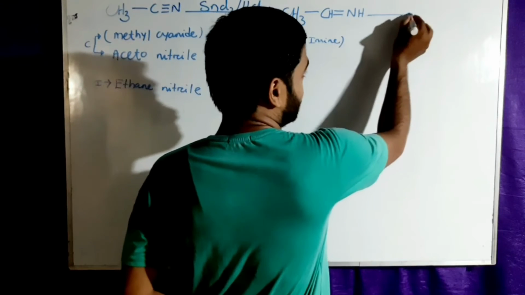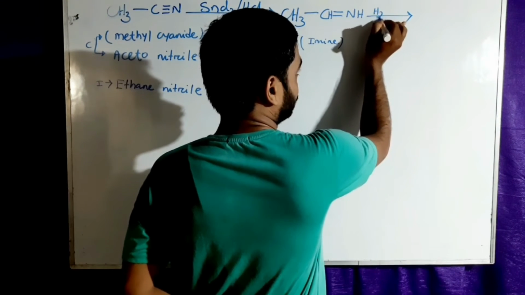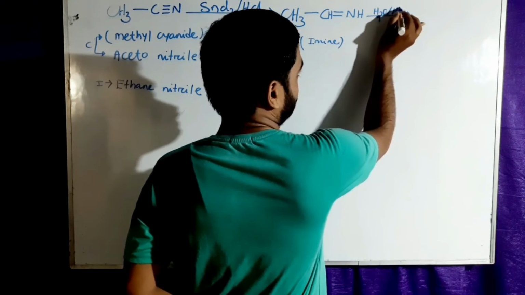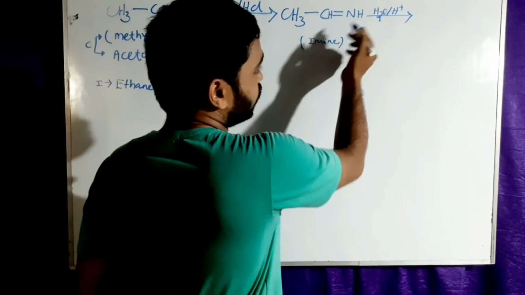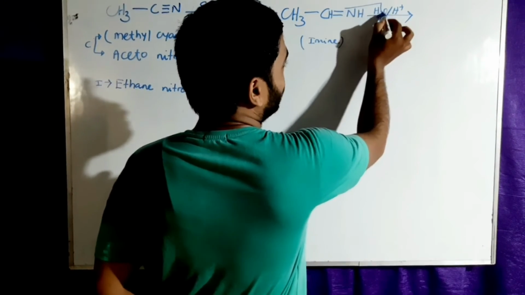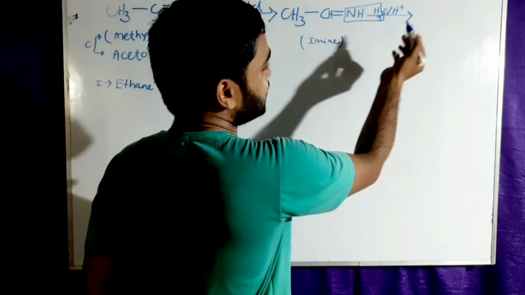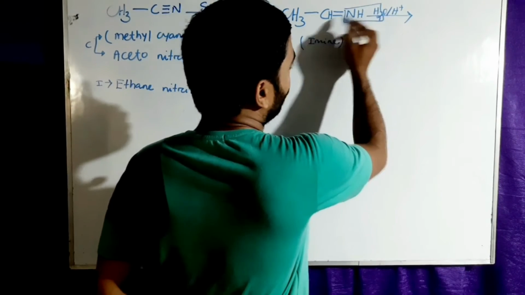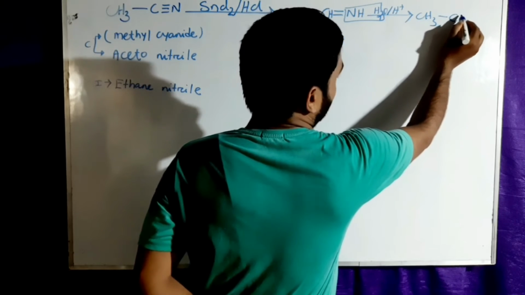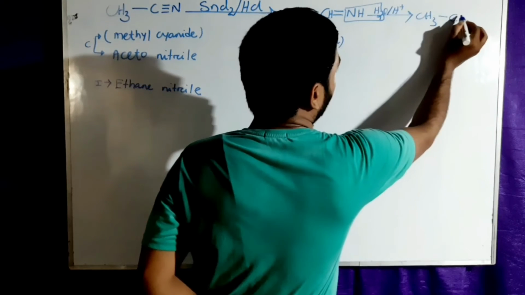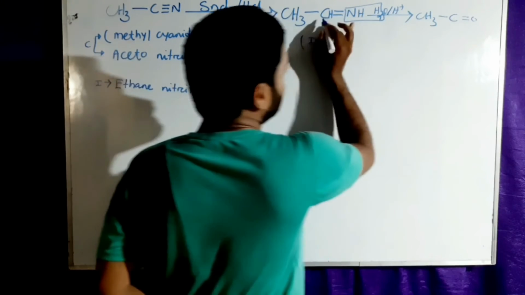So for acid hydrolysis, what will happen here? H2O plus H+. That means the H2 part will be released as NH3 and CH3CH double bond O. That means C double bond O, CHO.